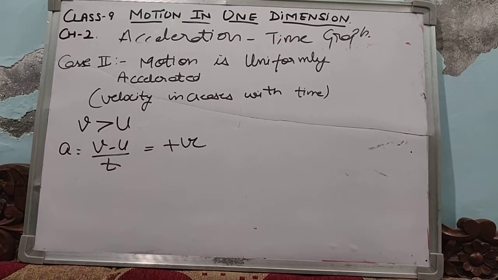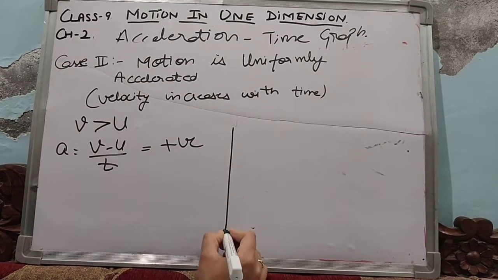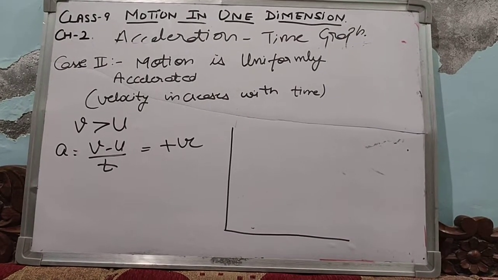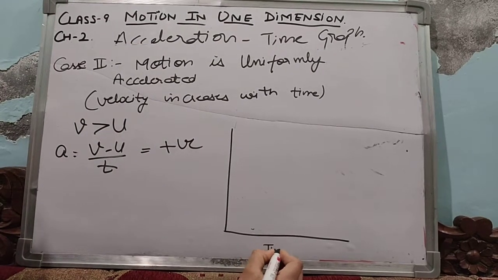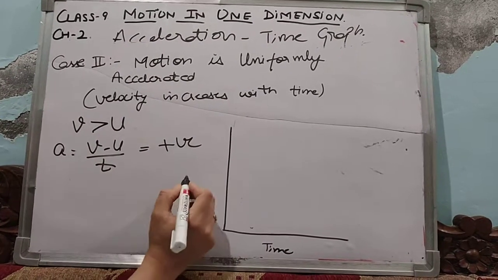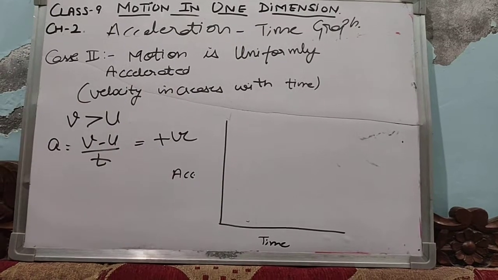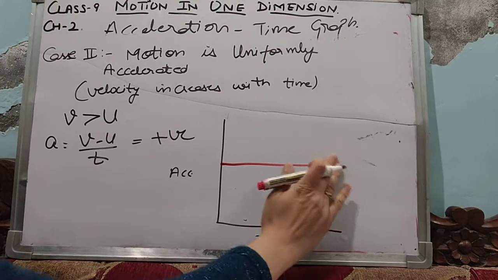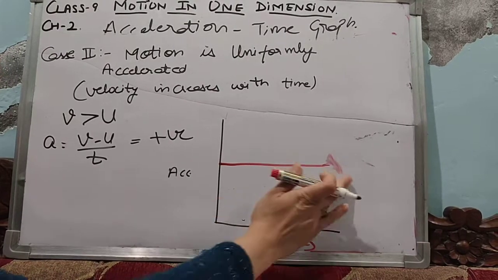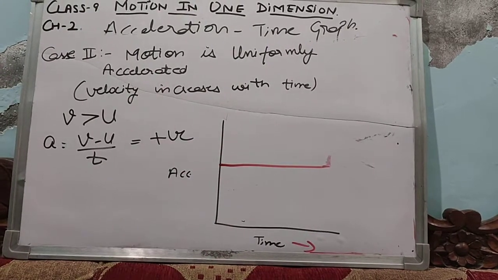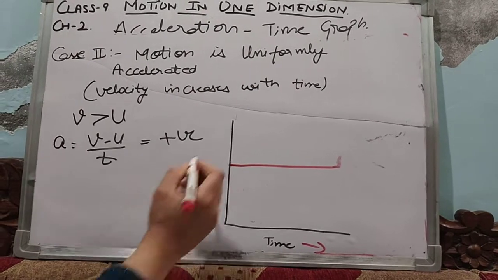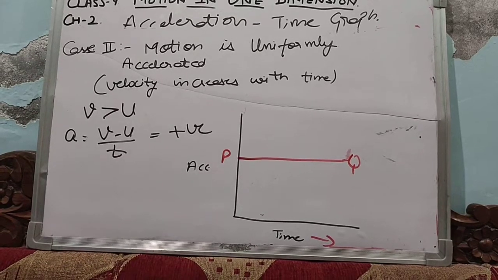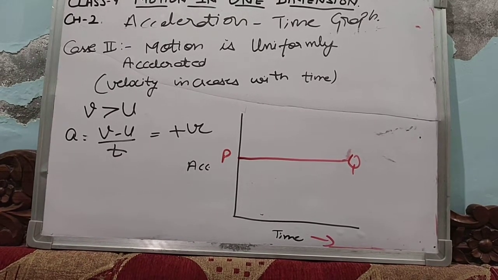So what kind of graph is obtained for a uniformly accelerated body? Remember students, for a body in motion with uniform acceleration, the graph will be a straight line parallel to the time axis above the origin. Let us say this is a straight line PQ. This is the kind of graph obtained for uniformly accelerated motion.